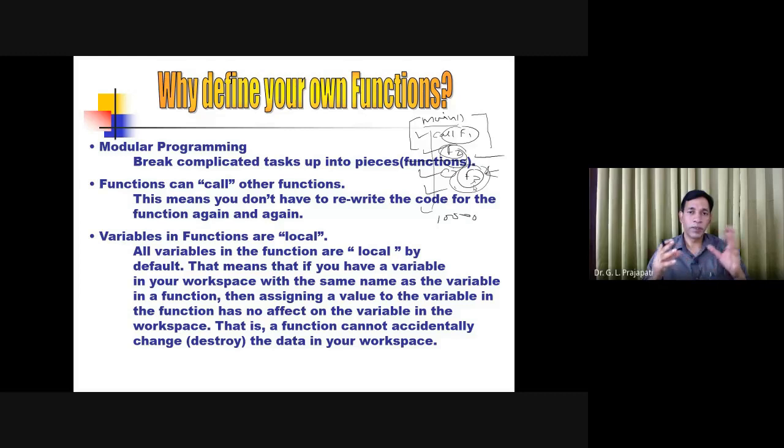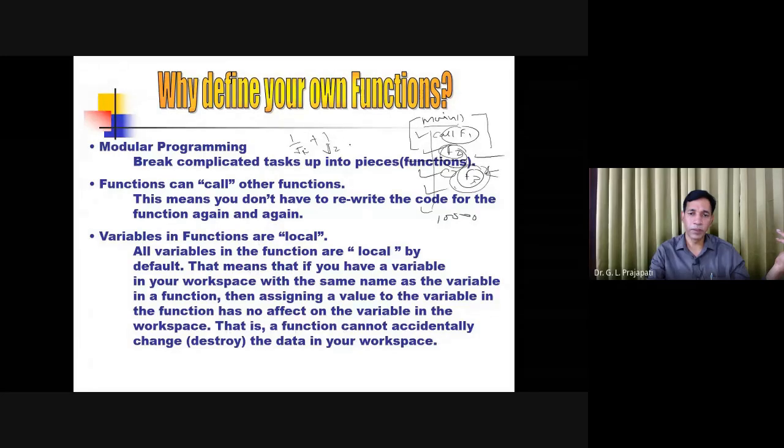It means you have divided the complex task into smaller tasks, and for the smaller tasks you can write functions. The same function may also be required many number of times. For example, if you are computing some series, you may have the computation of the square root of i, for i equal to 1, 2, 3: square root of 1, square root of 2, square root of 3, and so on.